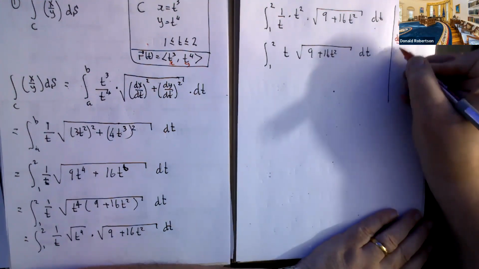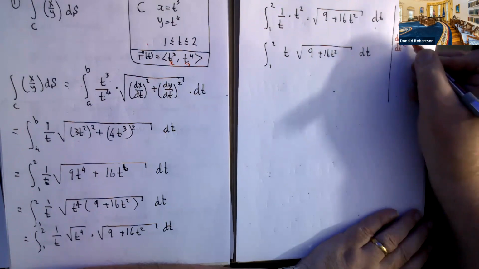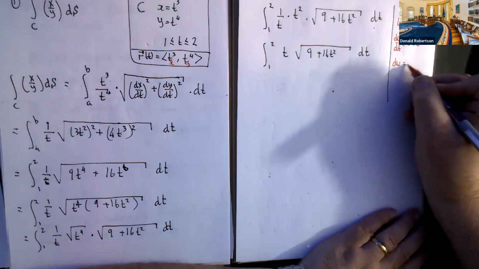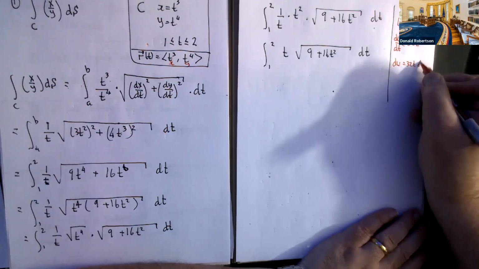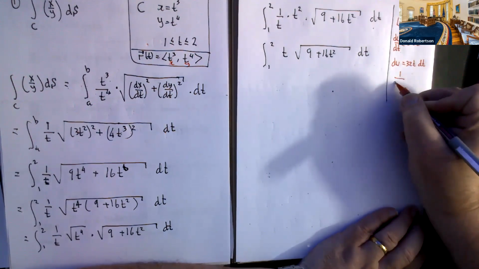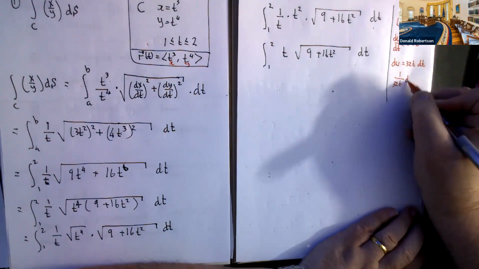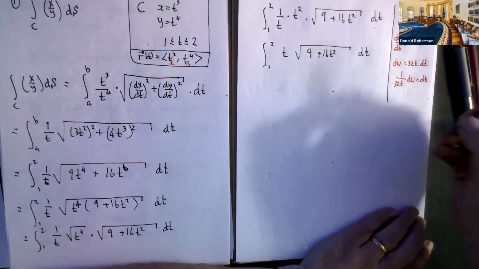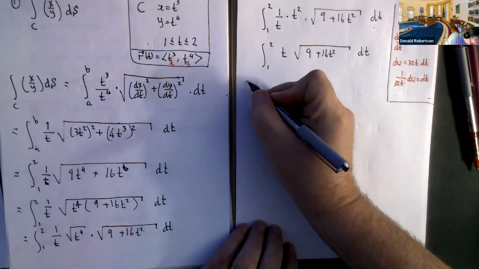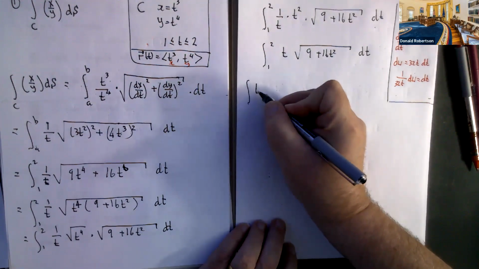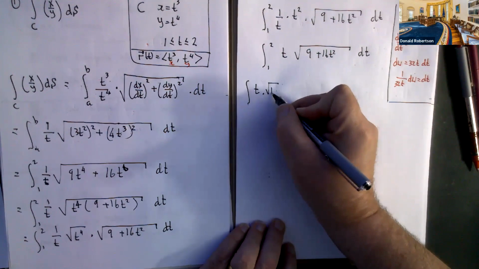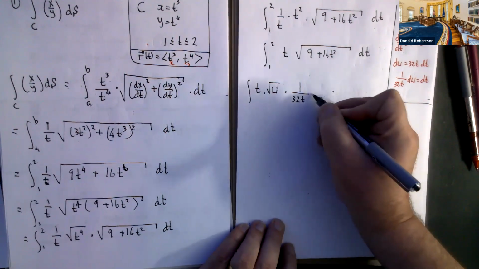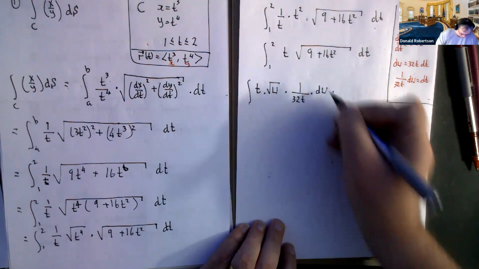So now I can differentiate with respect to t. Then I can do the crossover. Then I can divide both sides by 32t to isolate the dt. So I now have an integral t square root of u times 1 over 32t du.